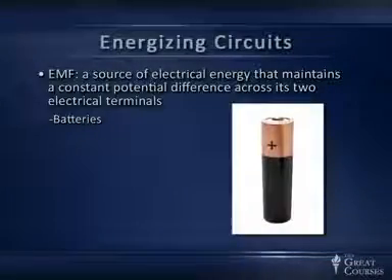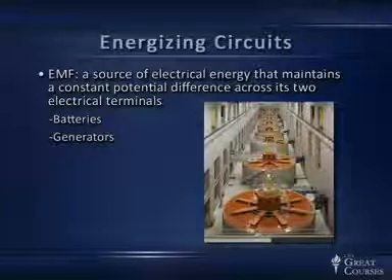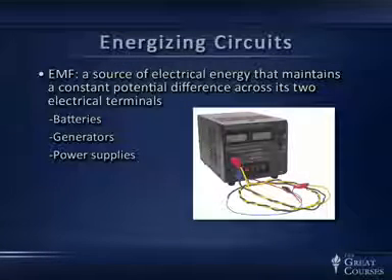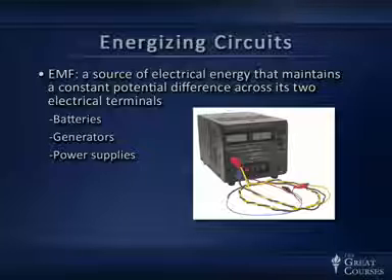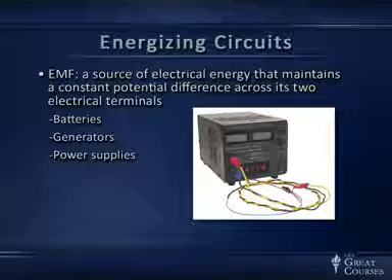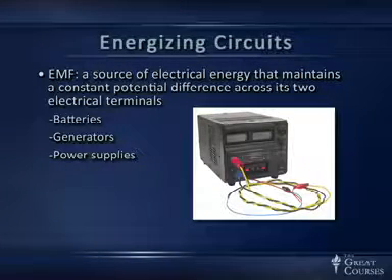So examples, batteries. We've talked about batteries before. They're sources of EMF. So are electric generators. Here's some generators from a hydroelectric station. So are power supplies, which are devices I might plug into the wall. I had one in the recent lectures when I was charging up a capacitor, and I'll be using power supplies more. Power supplies we plug in and they produce a given voltage, fixed voltage across their two terminals.